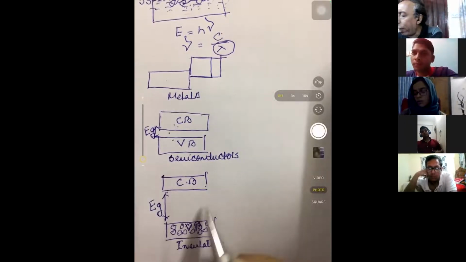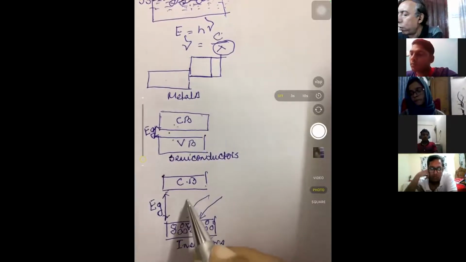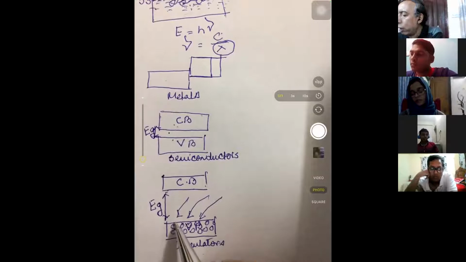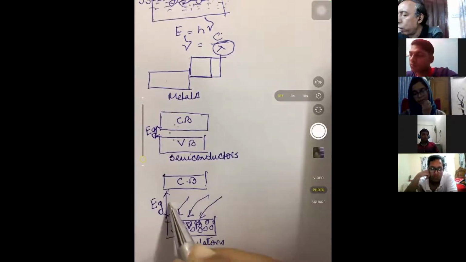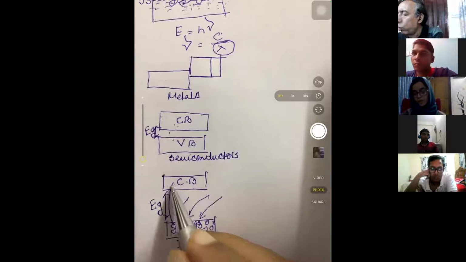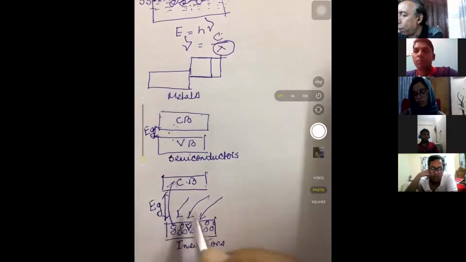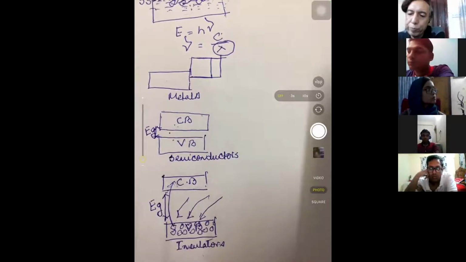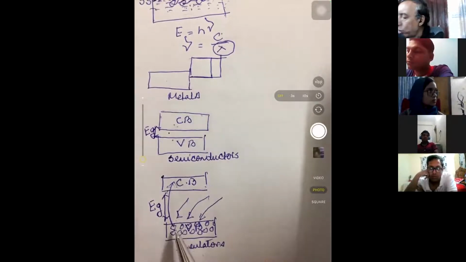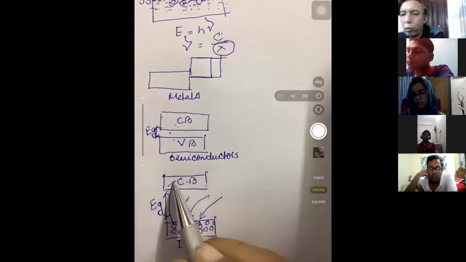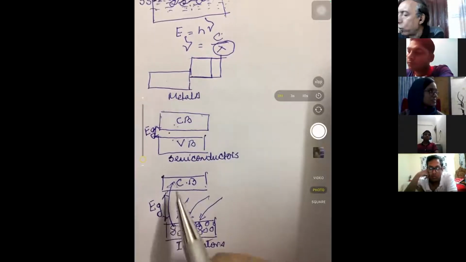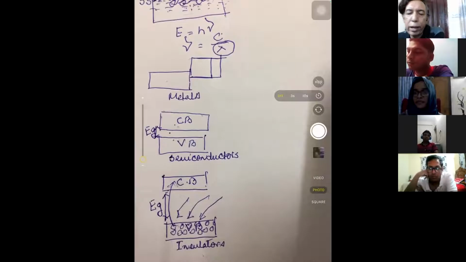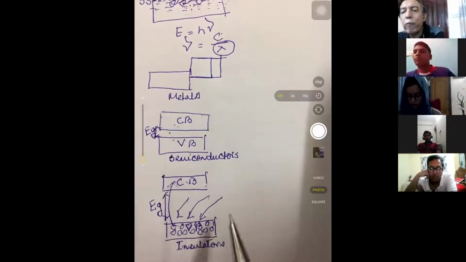Now, if light falls on the valence band, this electron is supposed to go to the conduction band by absorbing energy from the light.